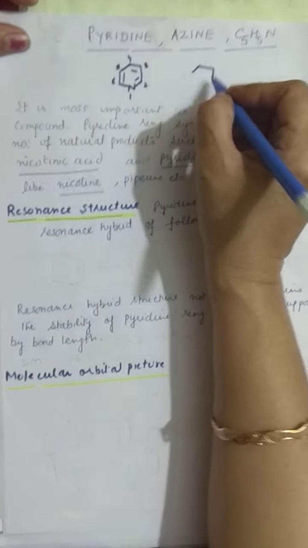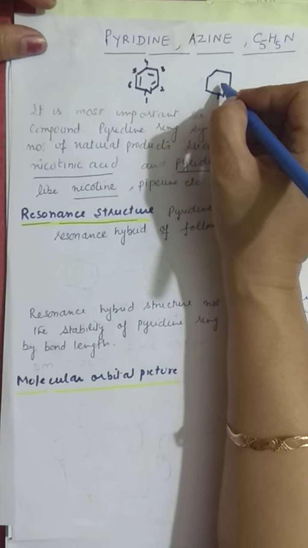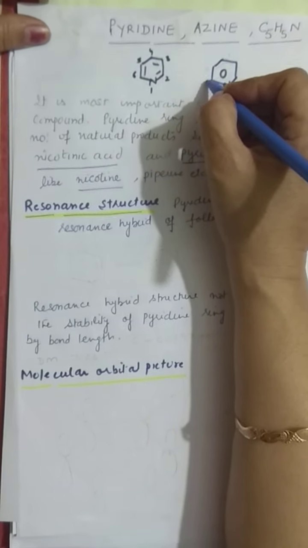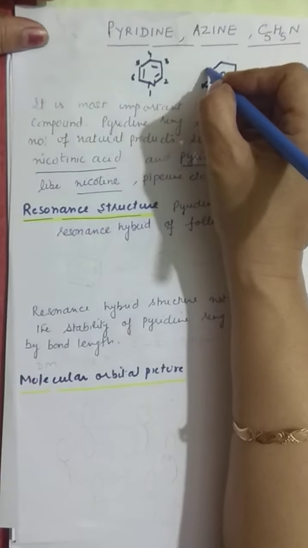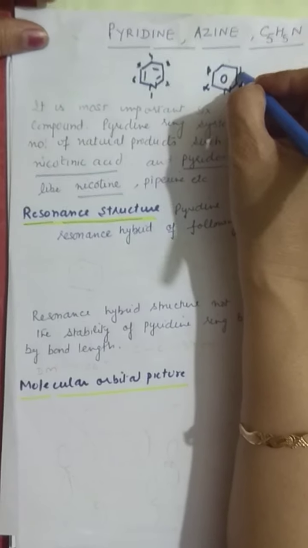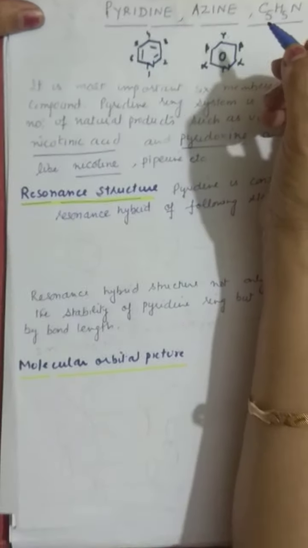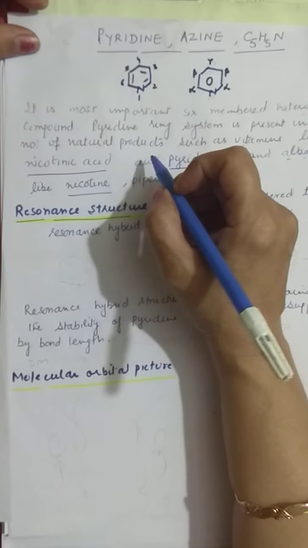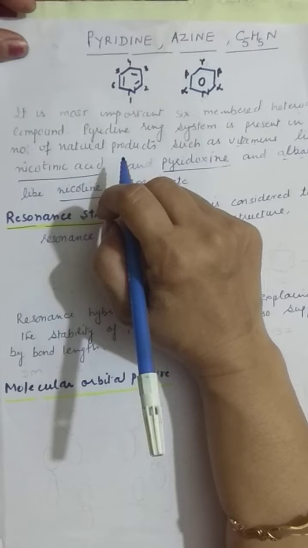If we give numbering, alpha position or beta position are represented as: these two positions are alpha, these two positions are beta, and this one is a gamma position. So pyridine is a very important 6-membered heterocyclic compound.